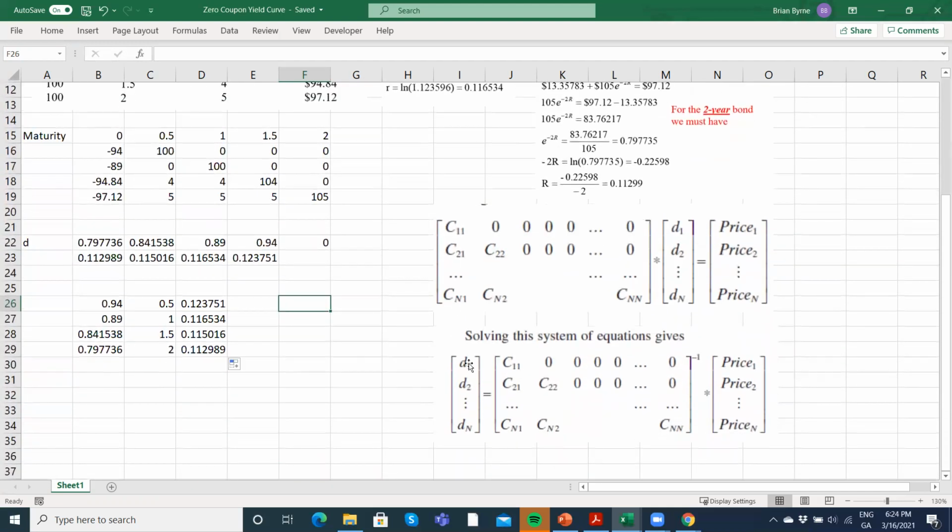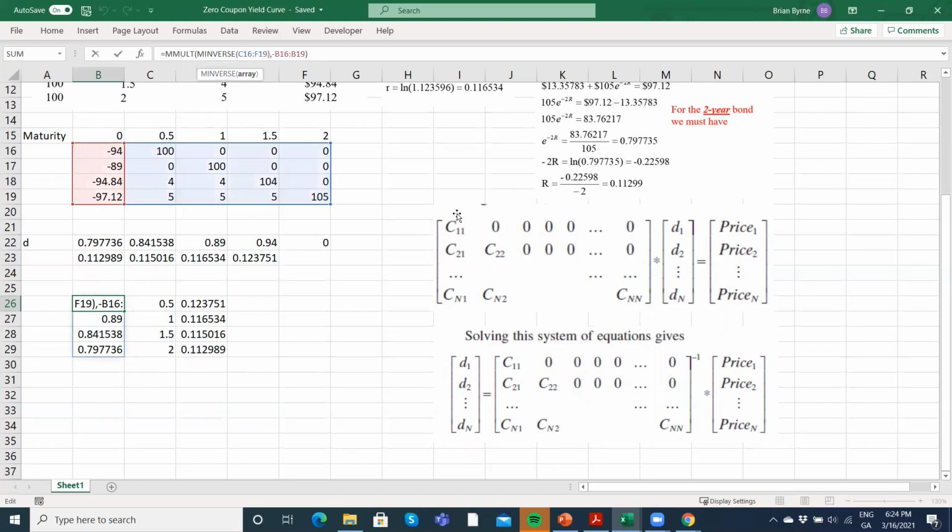But I don't know what the discount factors are. That's something that I've got to work out. So I invert the matrix on both sides. That's very complex to do if you're doing it by hand, but of course, in Excel, a matrix operation is no big deal. To invert the matrix, we use MINVERSE.